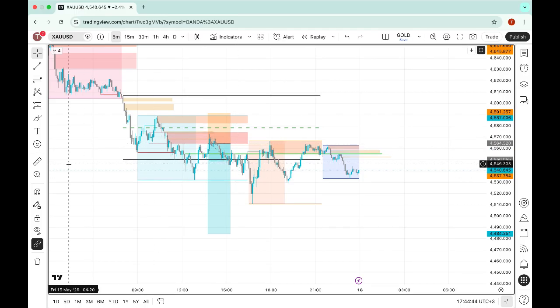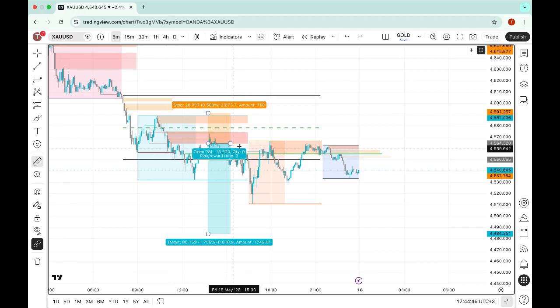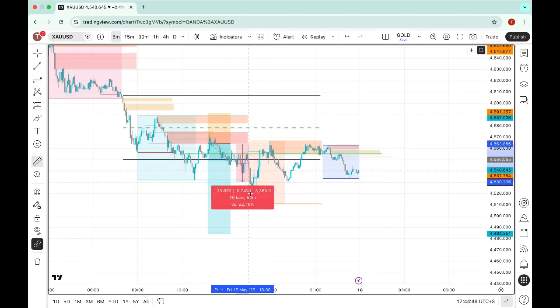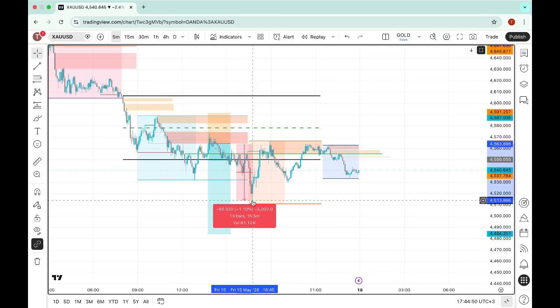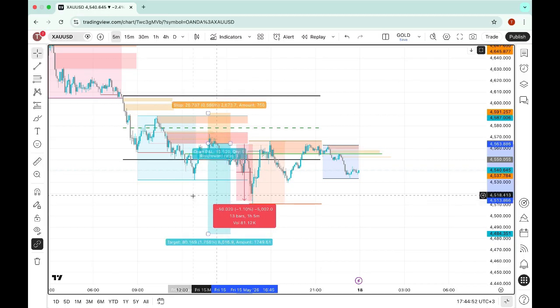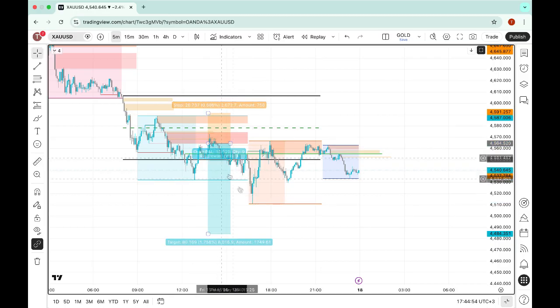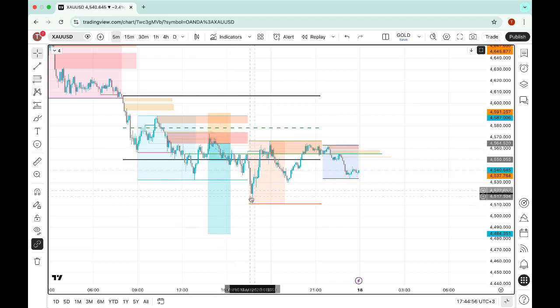So as you can see here, from my point of entry to the take profit was 500 pips. So when you take a trade with 500 pips, that's enough for a day. And you can see the target was the external liquidity, and you can see already it got tapped.